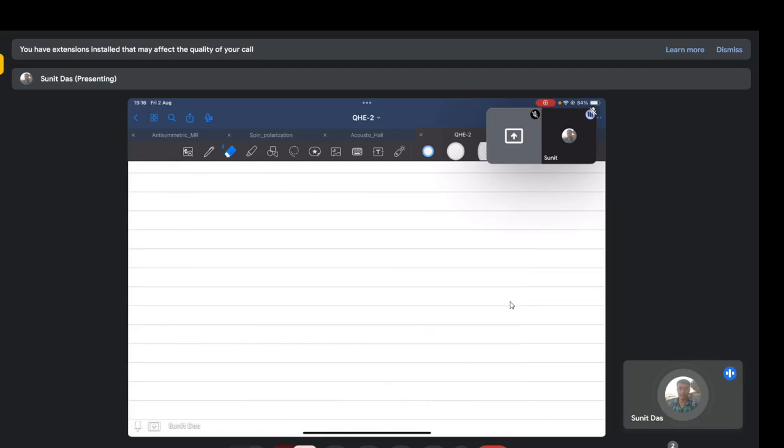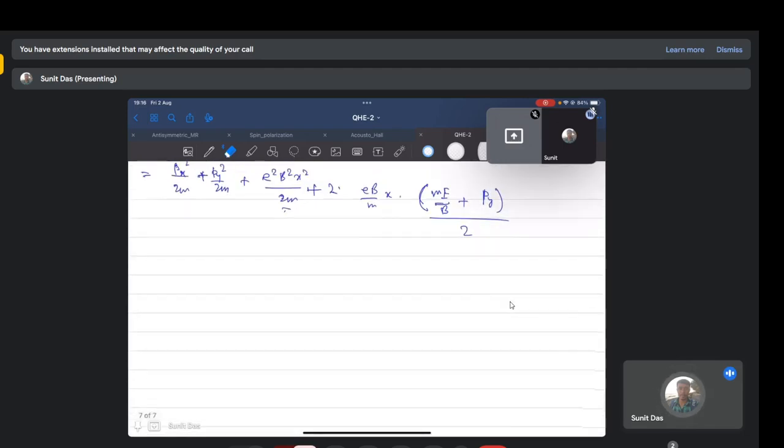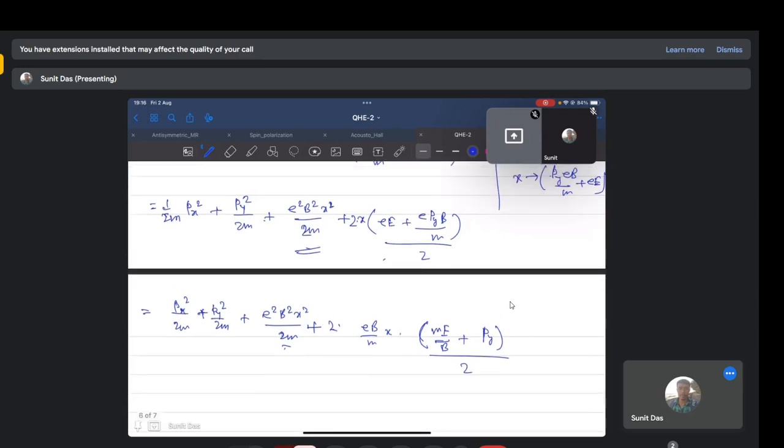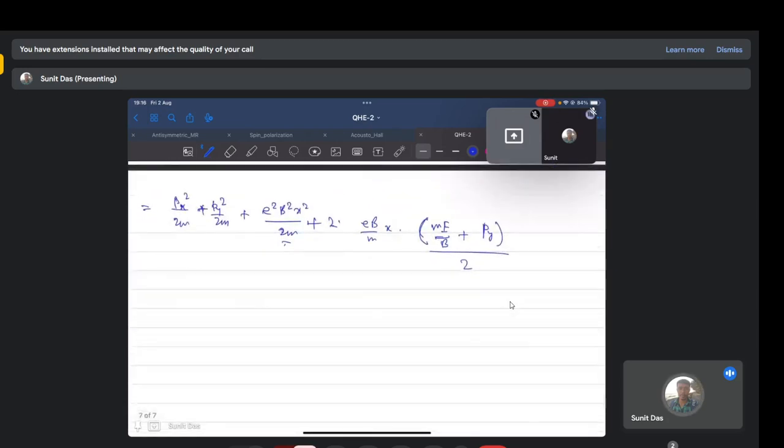Okay, so I'm mentioning what we need to do very clearly. So what we need to do is px square by 2m plus py square by 2m, and then we need to have x square, sorry, rather this will be x minus x0 square into some coefficient.